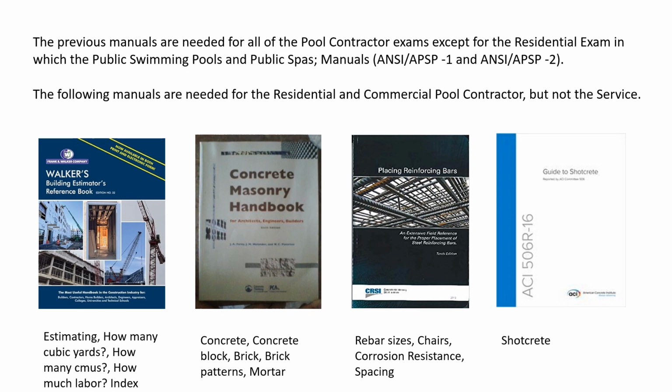All right. Now, the following manuals, the ones you see on your screen, are needed for the residential and commercial pool contractor, but not the service. And as you can kind of get a look at them, they're about the structure itself. And so that would make sense that the service does not need those. So if you're just taking the service exam, you can ignore the rest of this presentation.